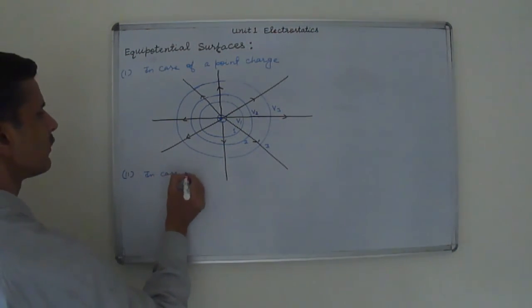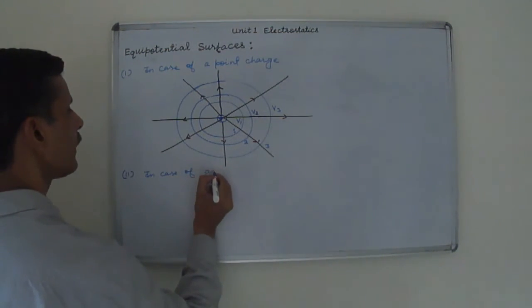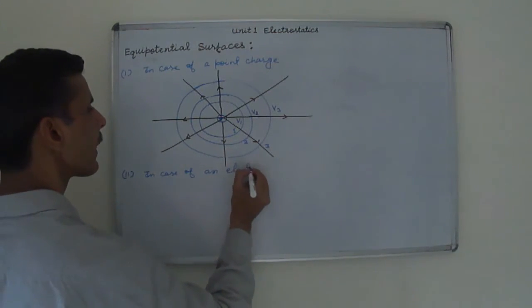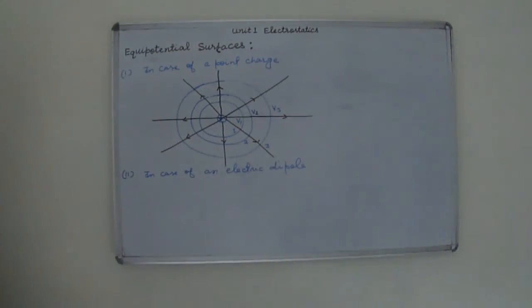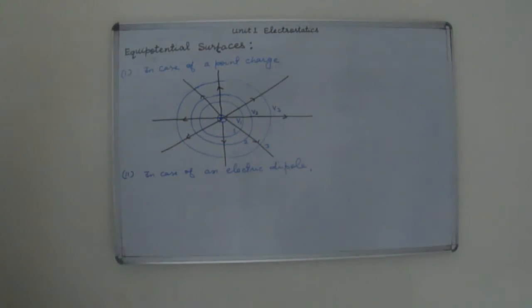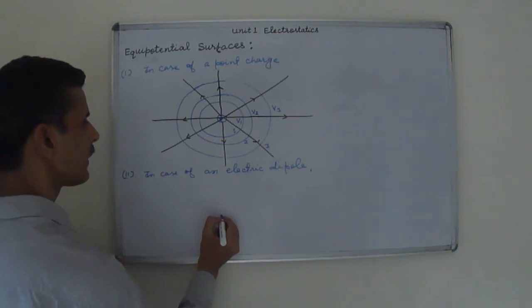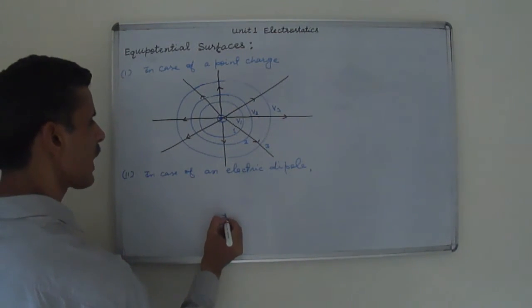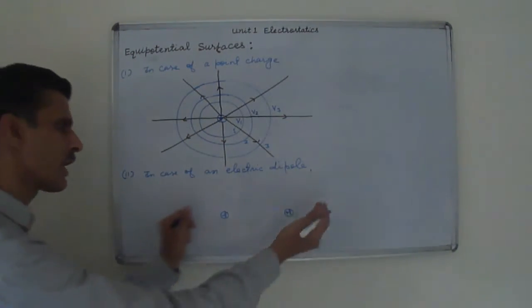In case of an electric dipole, equipotential surfaces we can draw. So see, this is minus Q charge and this is plus Q charge. Of course they are very close.